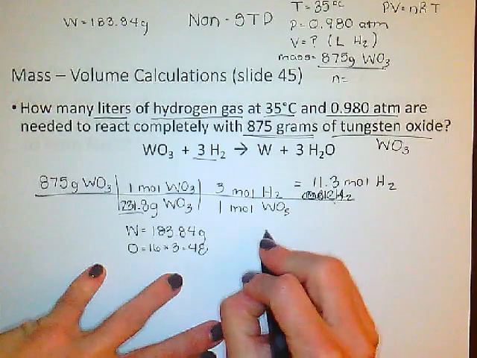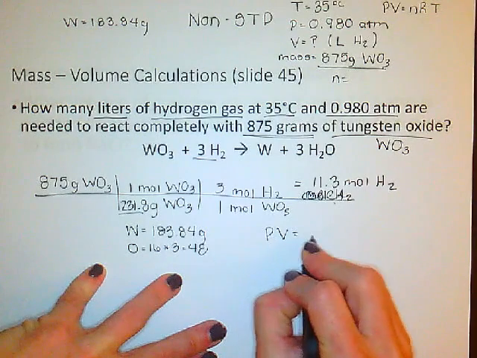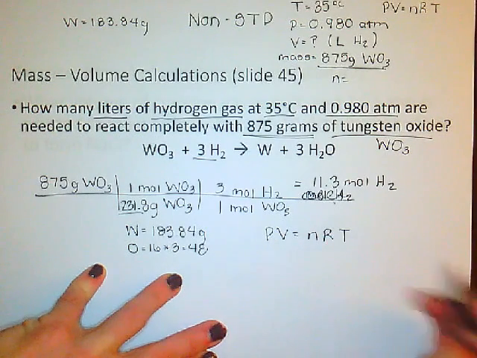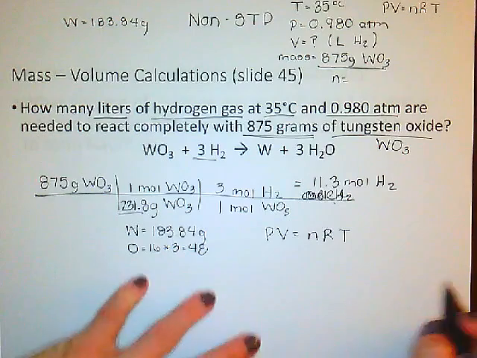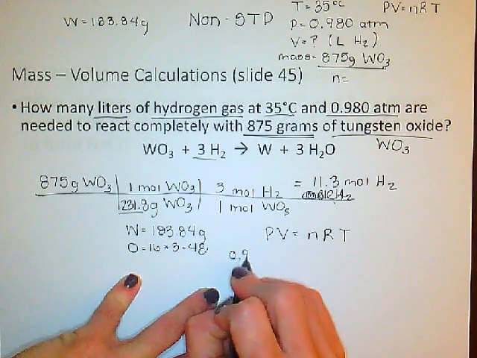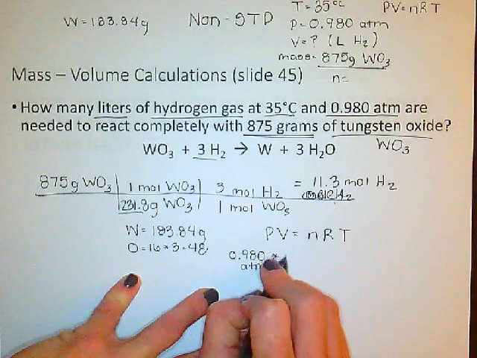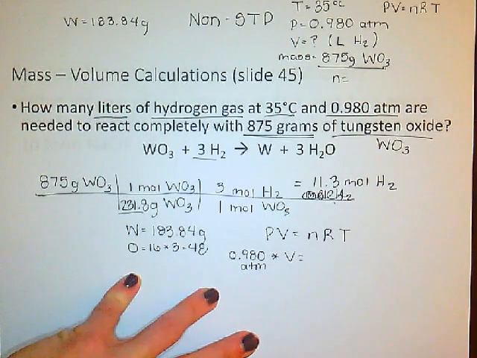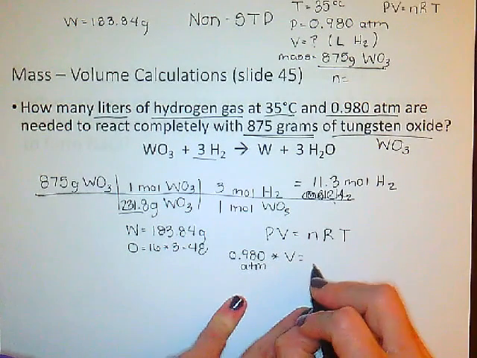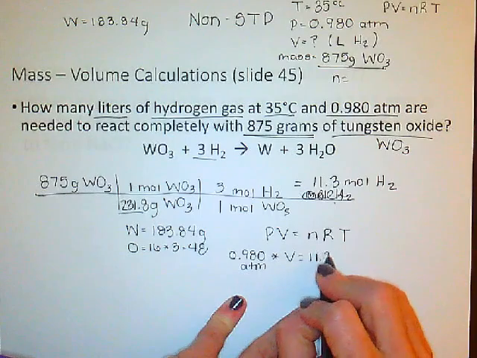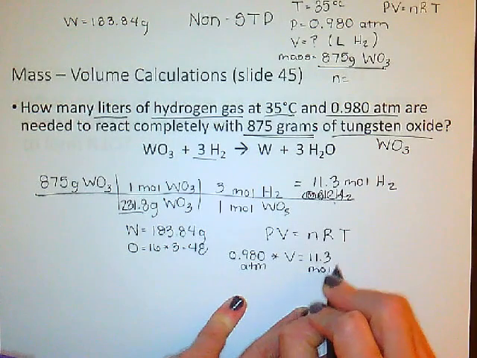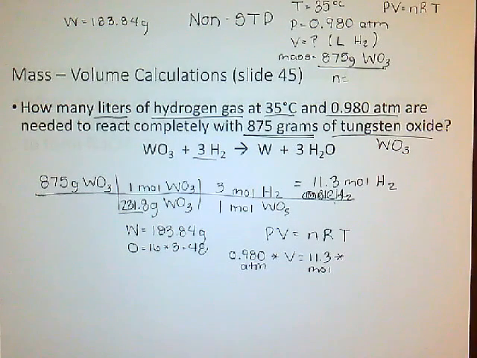Now that we have that value, we can use our ideal gas law. We know, as stated earlier, that the pressure is 0.980, and that value was given to us in atmospheres. I'm trying to solve for volume, so I don't know what V is. I know that n is 11.3. Remember, that represents moles.